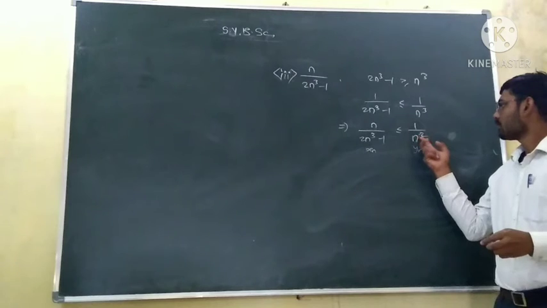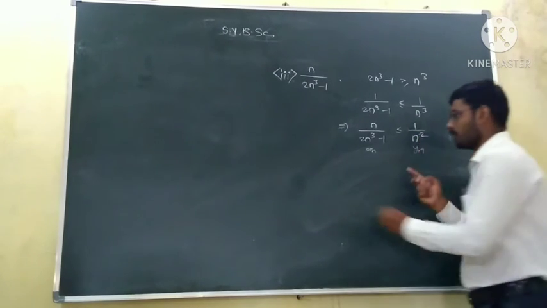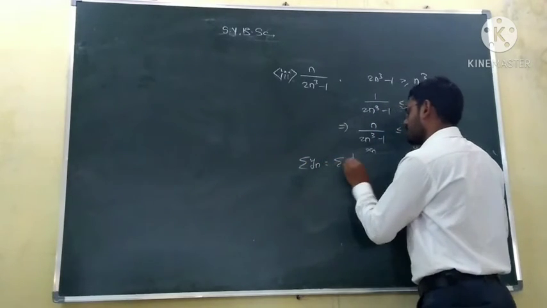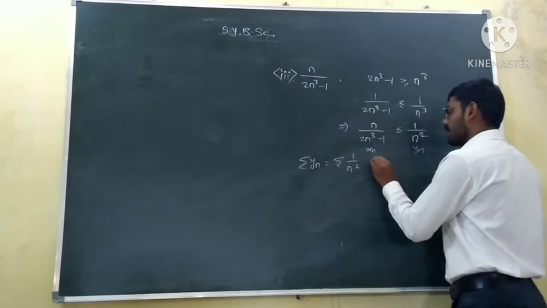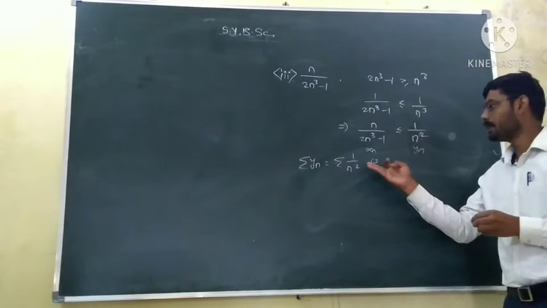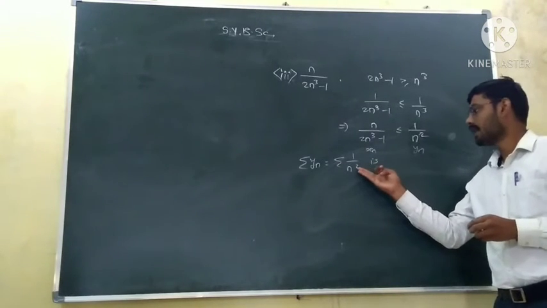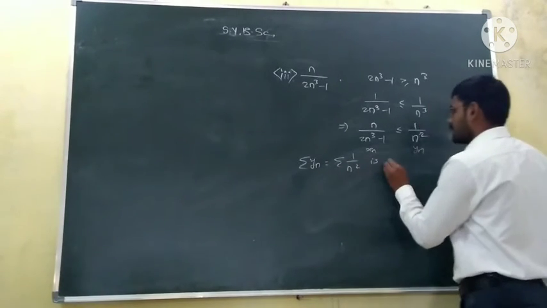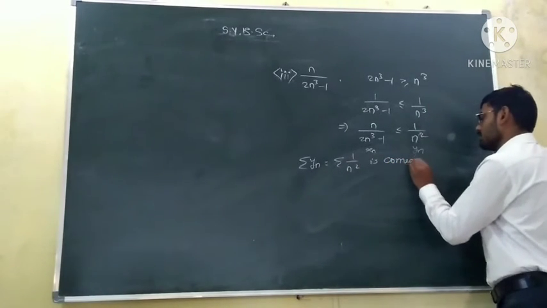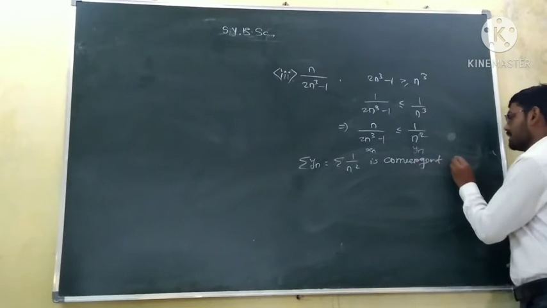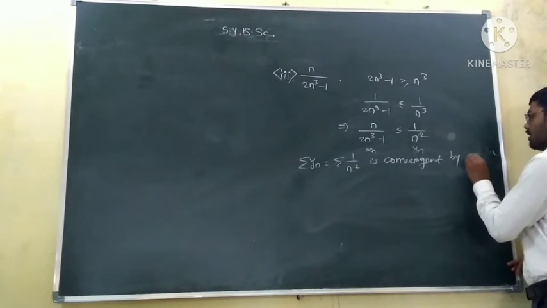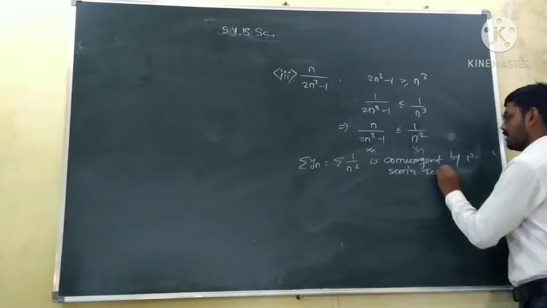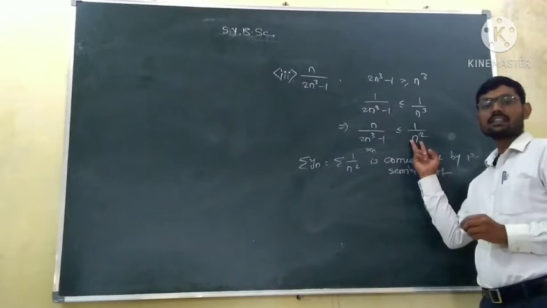The series whose nth term is 1 by n square, we know the series yn, which is equal to series 1 by n square, is always convergent because it is a p series. By the p series test, here p is 2, which is greater than 1. The series 1 by n square is convergent by the p series test, and this is the greater series.